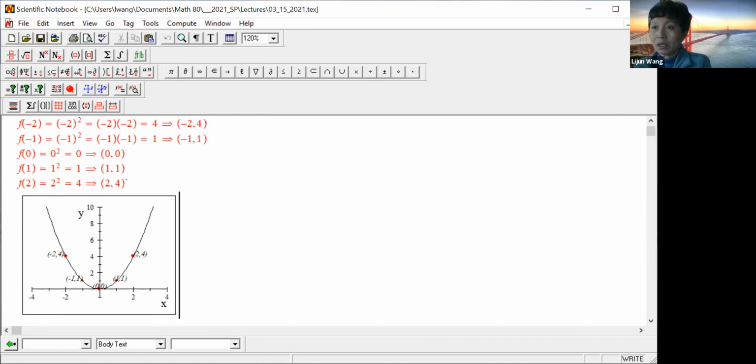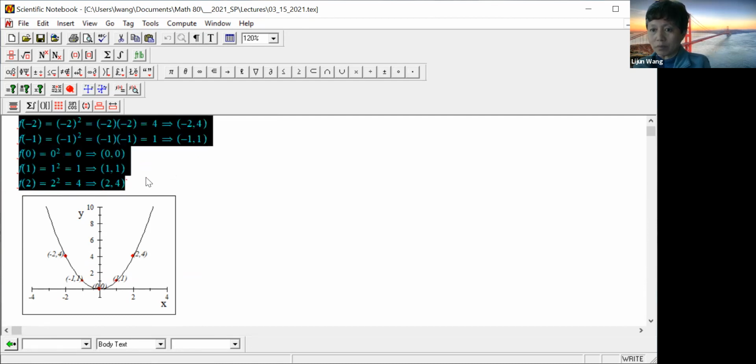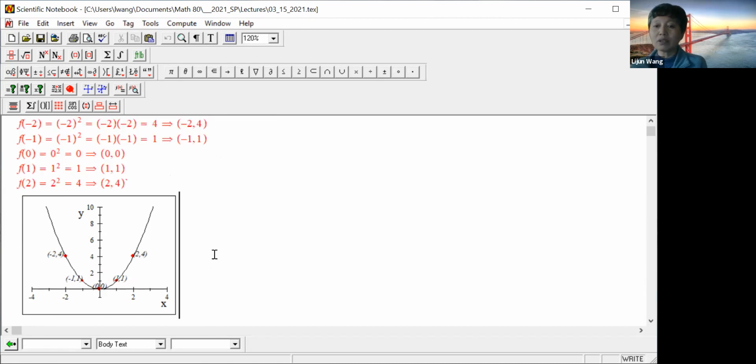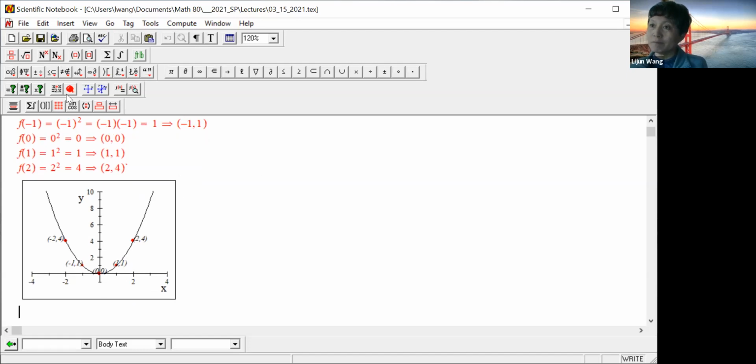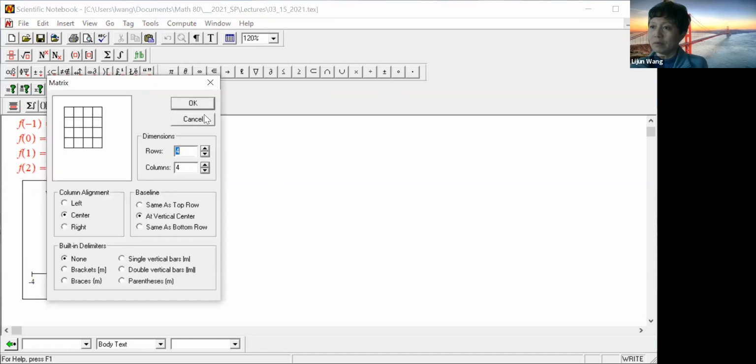Now we're going to put these on the table. It's easier for transportation. It's still just another form of illustrating. This might be something you have seen before, so I'm going to increase the number of rows.